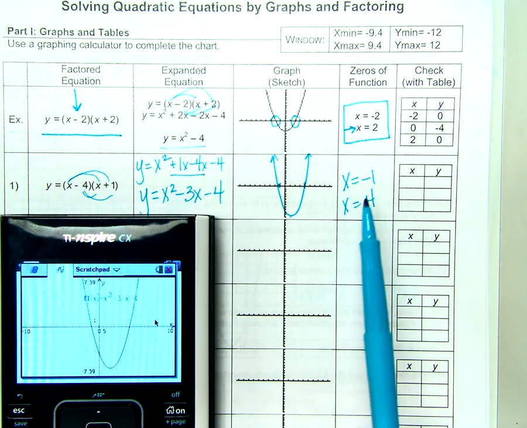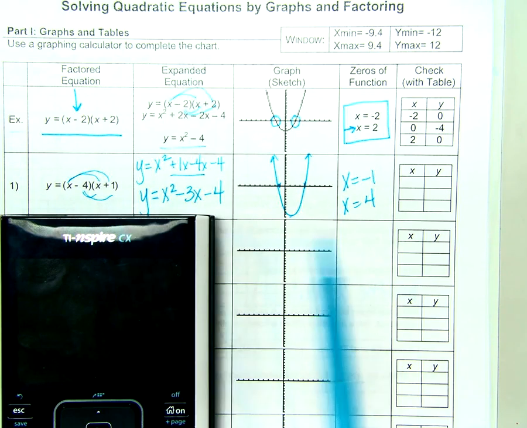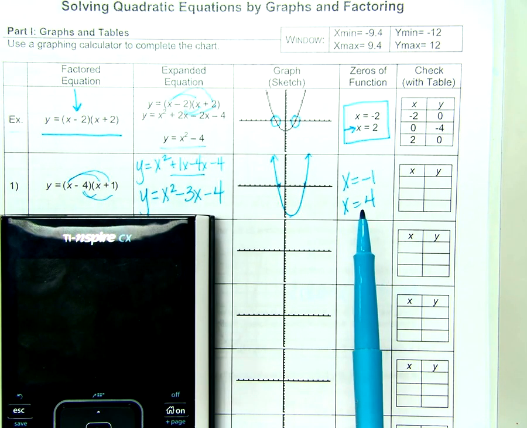If I give you the zeros, can you tell me the factors? If I give you the factors, can you tell me the zeros? How? It's not a secret.